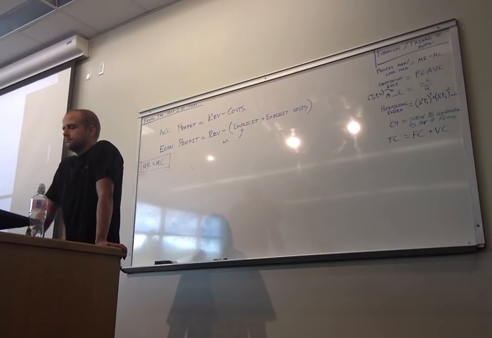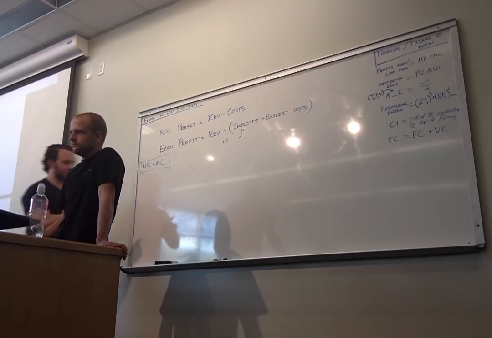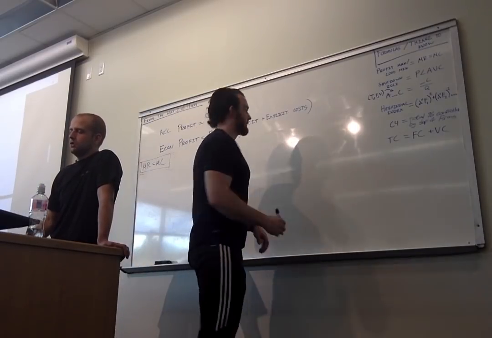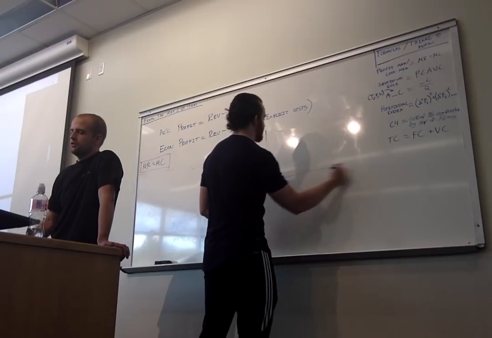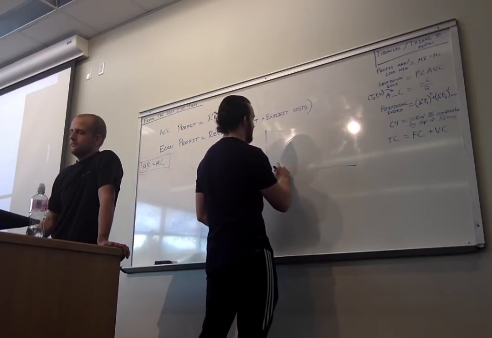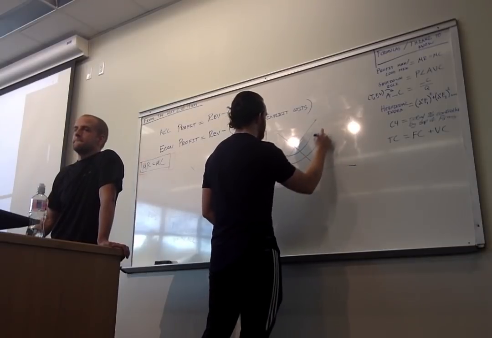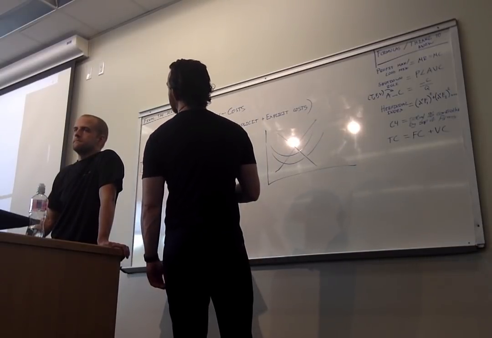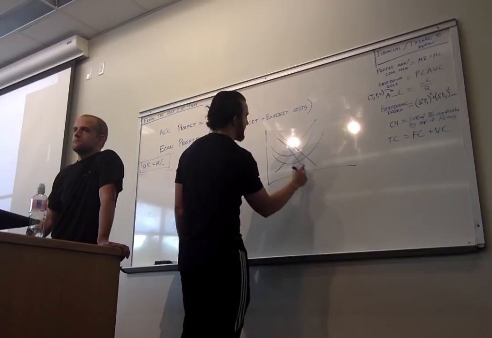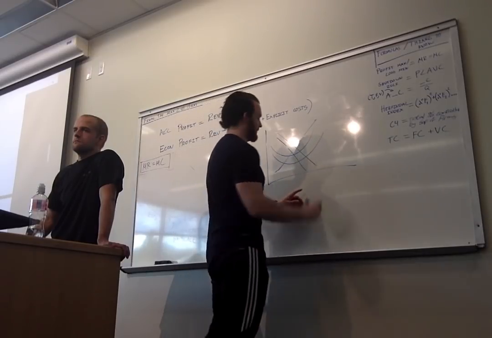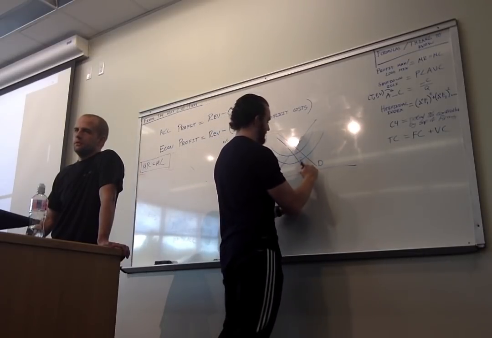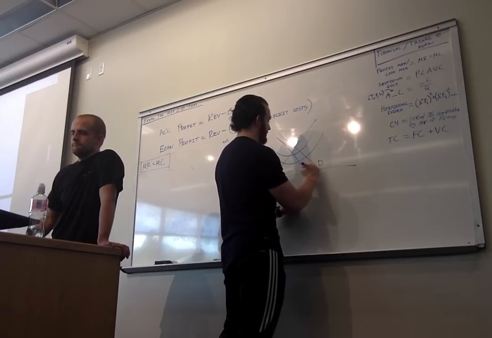And the supply-looking one is the marginal cost; the U-shaped one is average total cost. Question: if the average variable cost is above the average total cost? It'll never be. Okay.